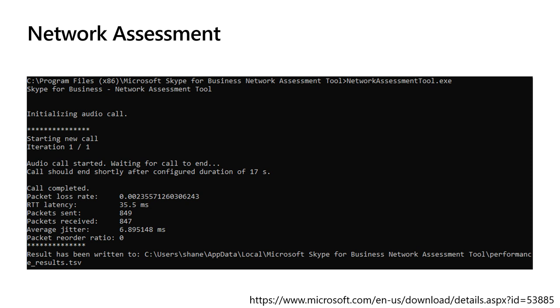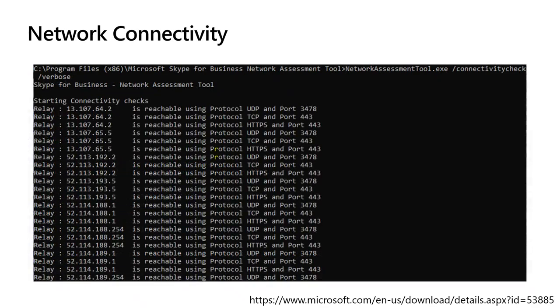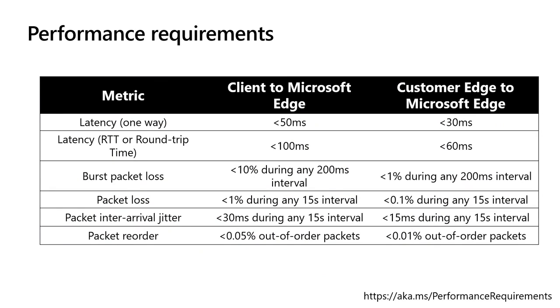Do that for an hour, do that over a busy period, over a lunchtime, 9 a.m., and then get the statistics, and make sure that the statistics over that period are going to be, like latency less than 50 milliseconds. The SBC, generally we go less than 30 milliseconds. Wherever the SBC is located, we try to aim for less than 30 milliseconds.